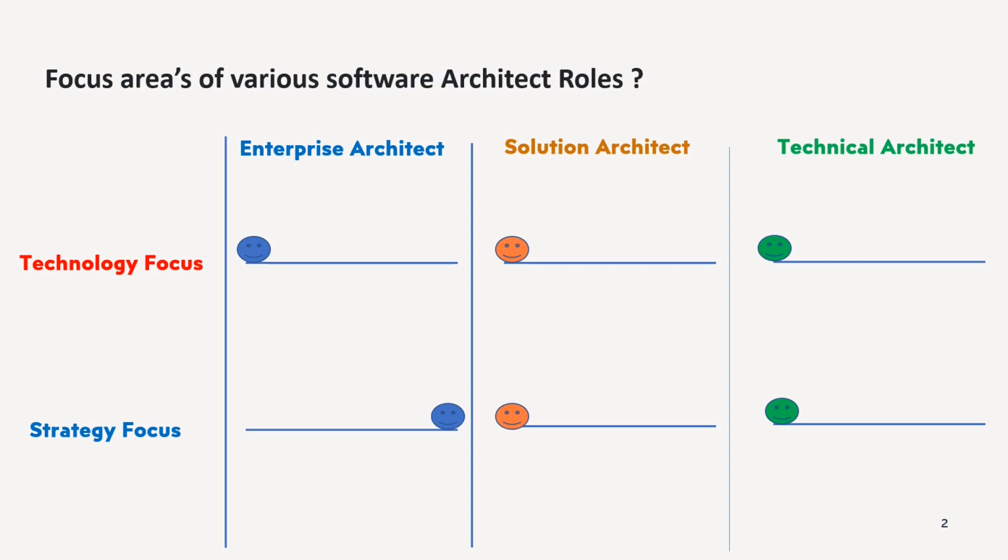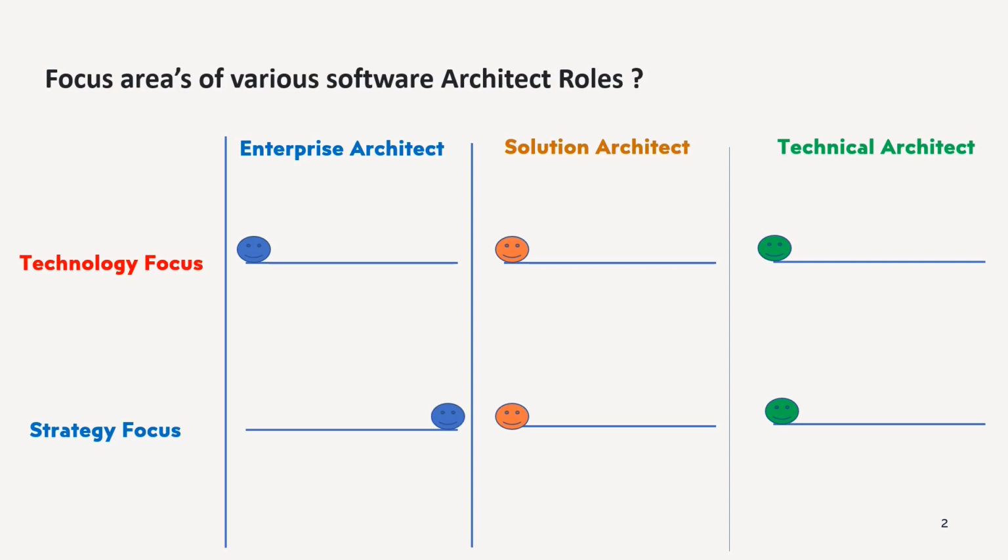by the enterprise architect, and whatever applications are being developed should conform or adhere to the architecture principles. So the enterprise architect will define guidelines or principles which every application team should adhere to.